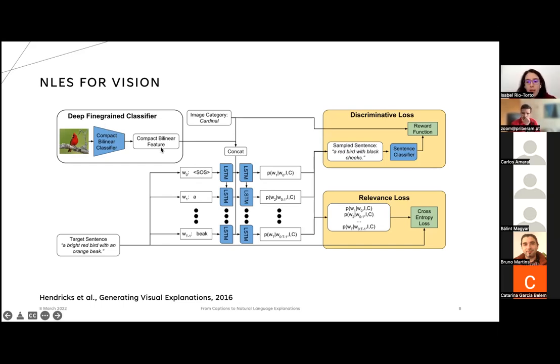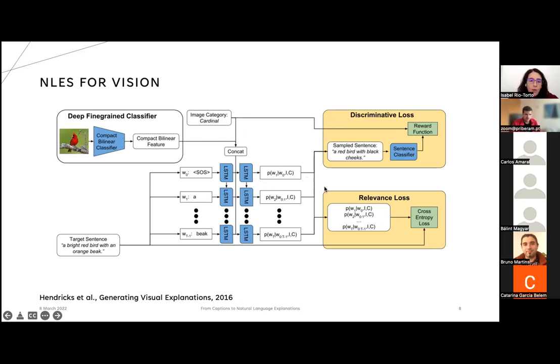And it also has a reinforcement-based discriminative loss that takes the generated sentence and uses a pre-trained sentence classifier to classify it. So if it classifies the sentence correctly, ideally the sentence will have enough class discriminative information, and so it would be a valid explanation.